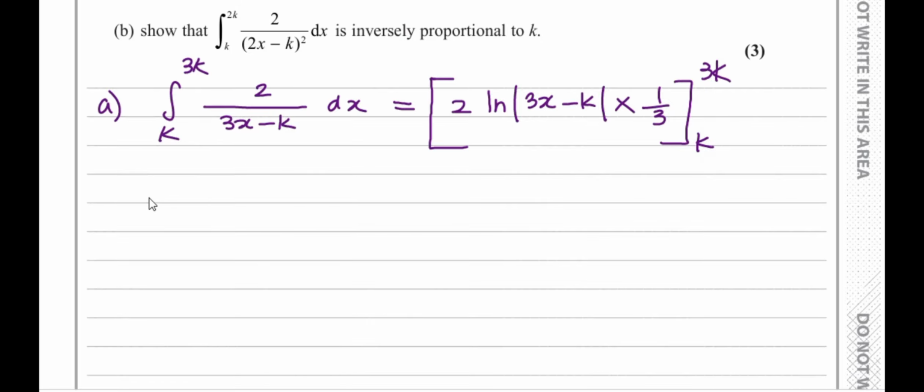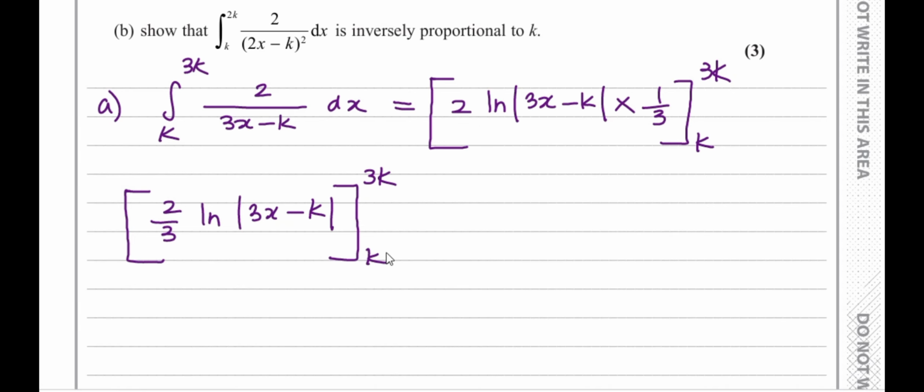Simplifying this once again before evaluation, we can write this as 2/3 ln modulus of 3x minus k between k and 3k. Right, now I think we can evaluate it. So start writing the bracket, 2/3 ln. Wherever x is there, we need to put in 3k.